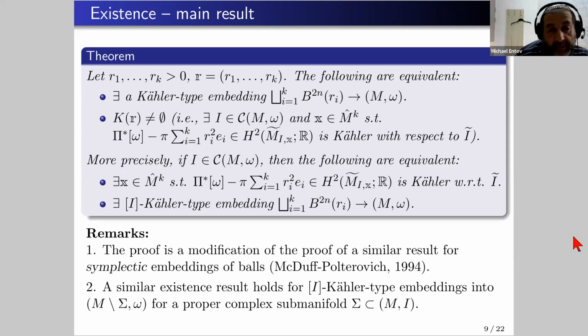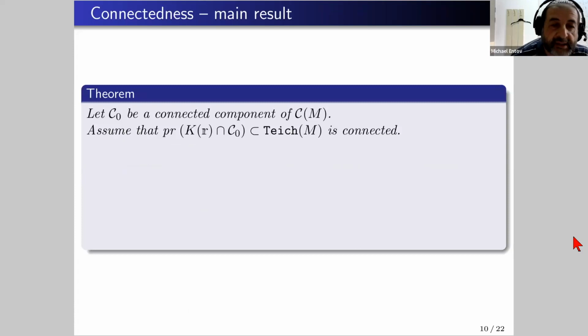And now, this is not the main point. As I said, this is just a modification of the original McDuff and Polterovich result. The main point, which comes from our original motivation, is about the connectedness, or more precisely about the action of groups of symplectomorphisms. So this is the next general result concerning connectedness.